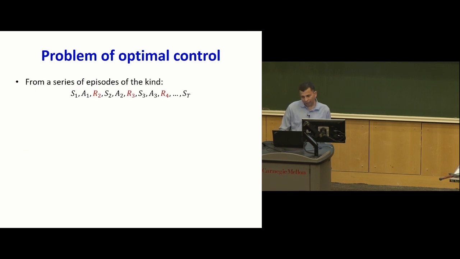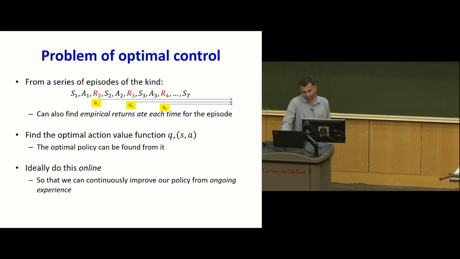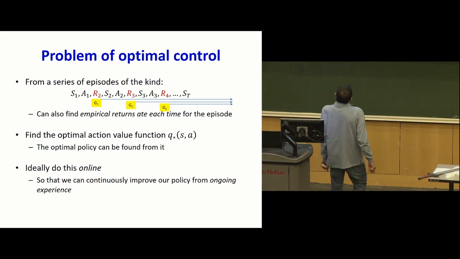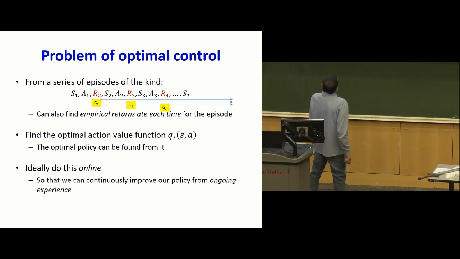The way we would do it, we have a series of episodes of this kind as before, and so you can find the empirical returns at each time. The objective is to find the optimal action value function, Q star, for each state action pair.